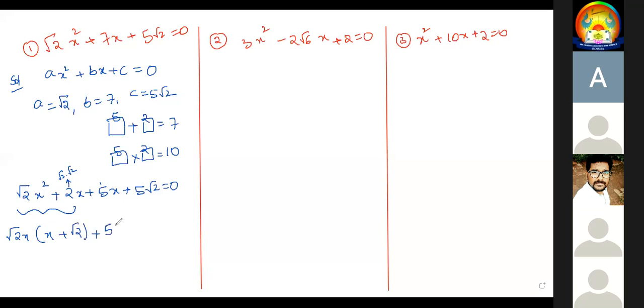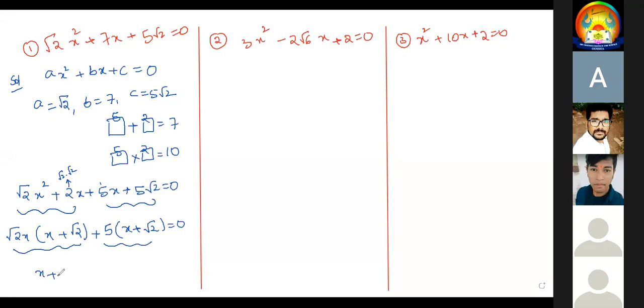Plus, if I take 5 common among these two, x plus root 2 equal to 0. Now from these two, I can take x plus root 2 common: x plus root 2 and root 2 x plus 5 equal to 0. Since these are distinct terms, there will be two roots: x is equal to minus root 2 and x is equal to minus 5 by root 2. So there are the two roots on the screen.